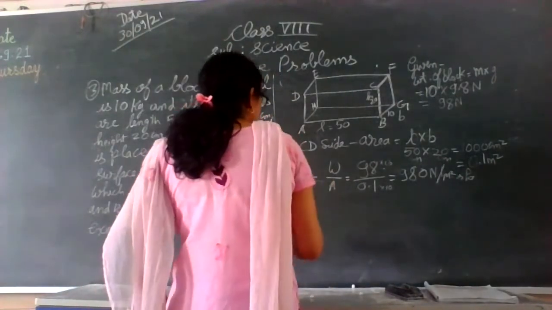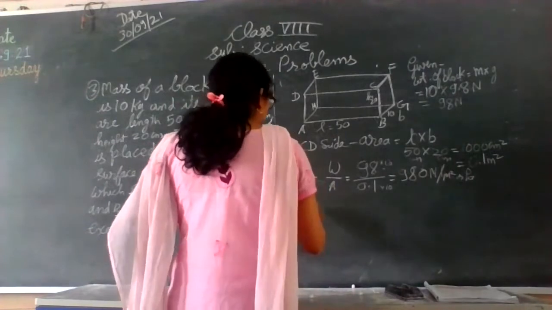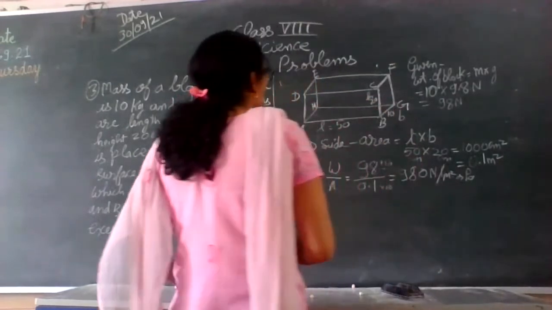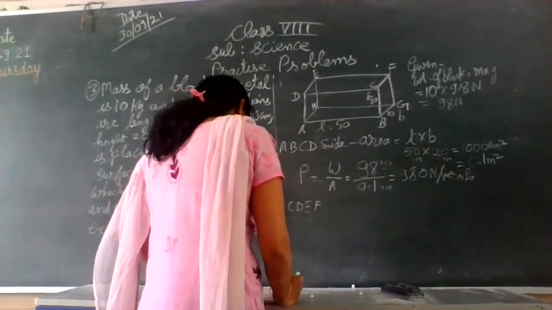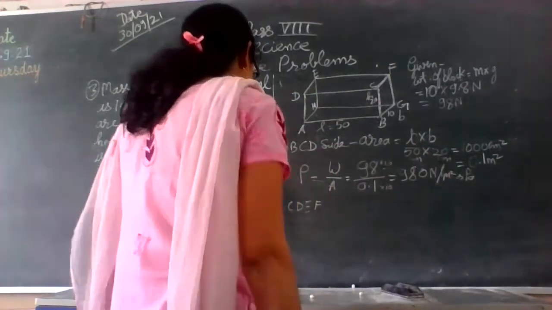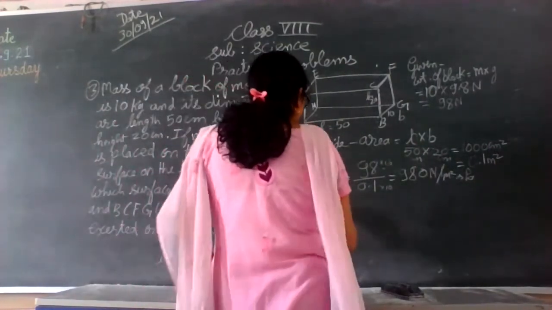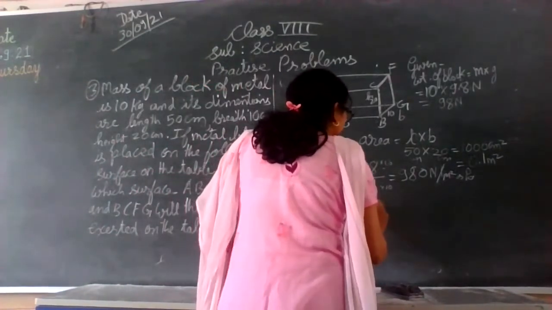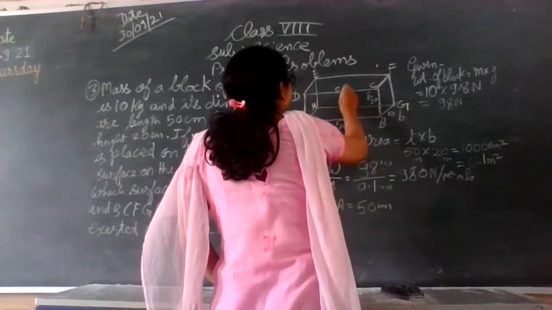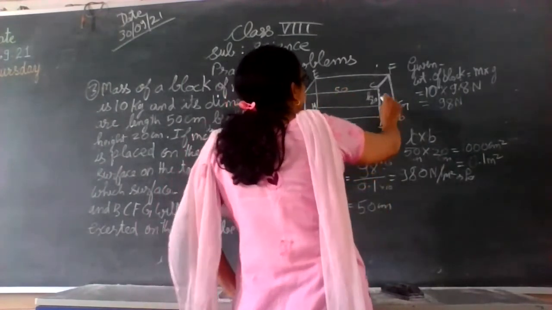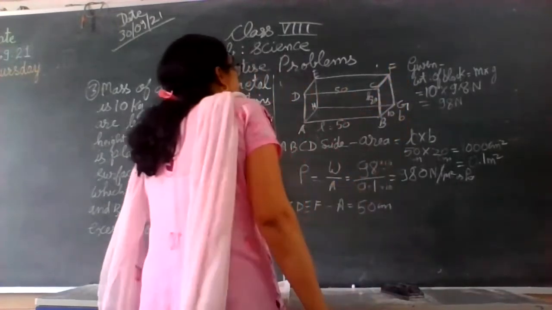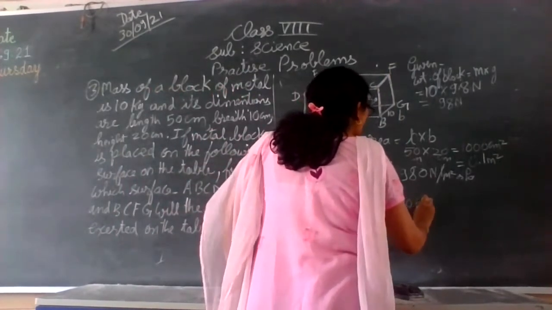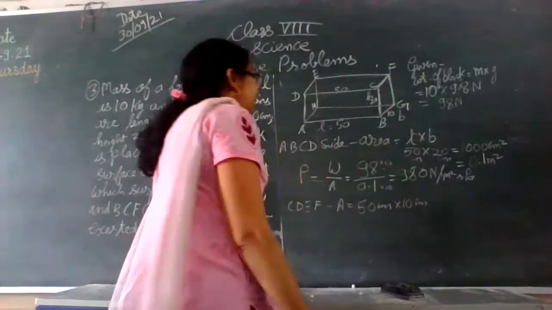Next side that we have to consider is CDEF. Now CDEF block is having how much area? That again we'll have to calculate. Area will be length into breadth here again, but 50 centimeter is the length, same as AB, but the CF or DE breadth will be 10 centimeter only, just like BG.